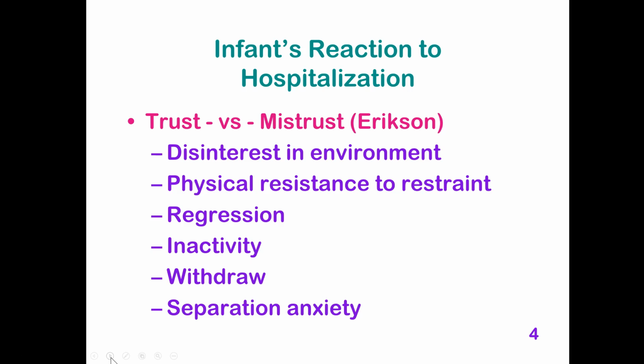We'll talk about separation anxiety on the next slide, but I did want you to know that stranger anxiety, this is important, develops around 6 to 18 months of age. So if you have an infant less than 6 months, they may not be as hesitant to come to you, but certainly if they are 6 to 18 months of age, they are very aware that they have no clue who you are.